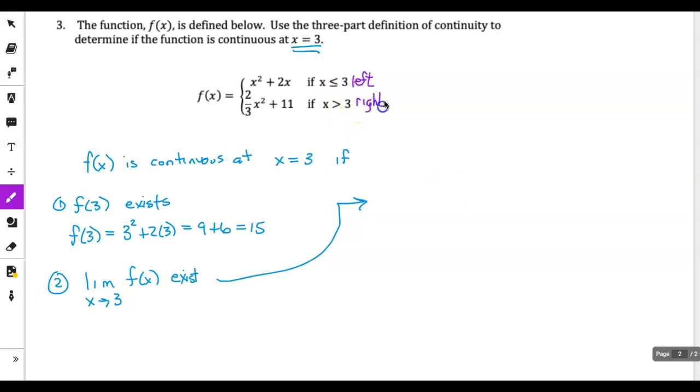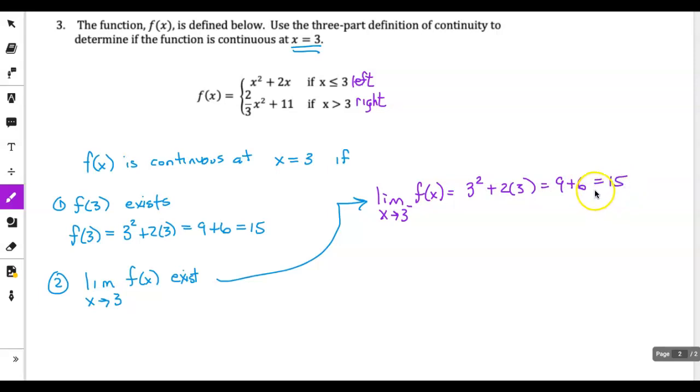All right, so here we go. I'm going to do the limit as x approaches 3 from the left of f of x. So I'm going to plug 3 into the top function, right? So I'll do 3 squared, we already did this, plus 2 times 3. So that's equal to 9 plus 6, or 15.